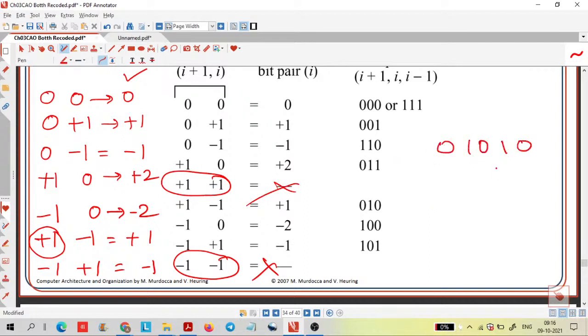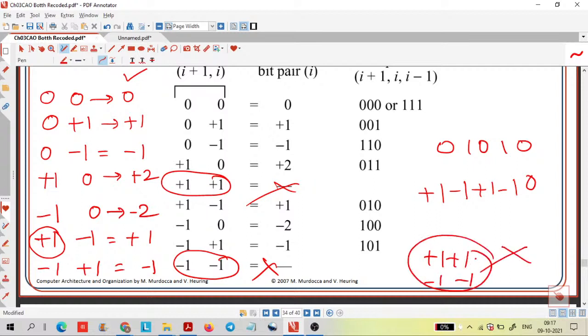If we apply the Booth recoding, we won't get +1, +1 or -1, -1.